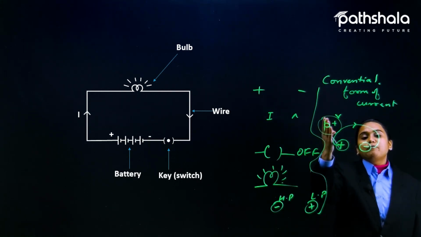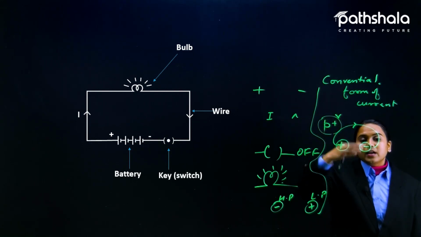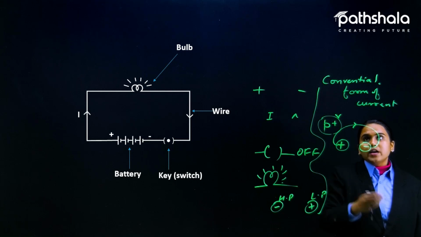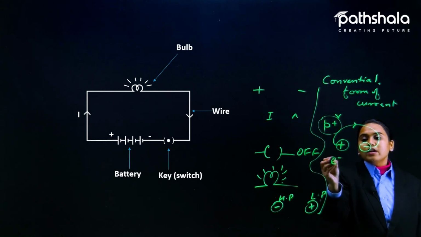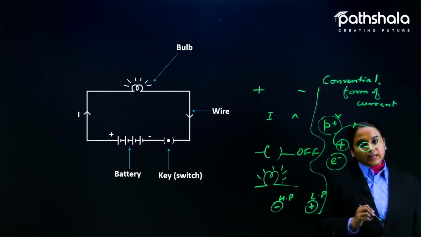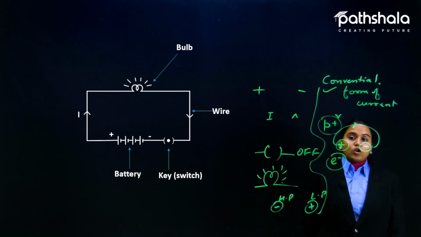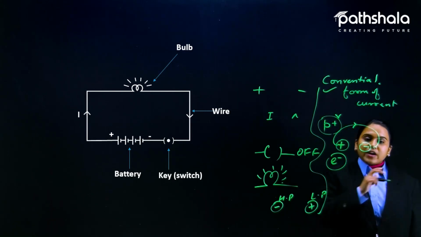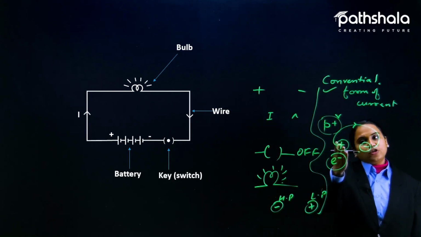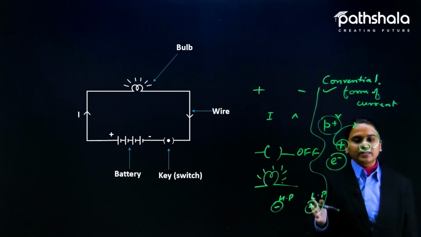Then how would they make current flow in the conductor? So now we know that the electron is actually the reason for the motion of the electric current, but the conventional form of current is still used. We are still using the traditional method that current moves from positive to negative. We haven't changed our syllabus yet.